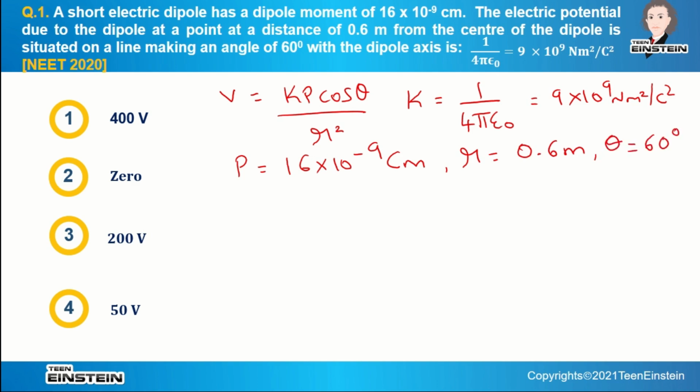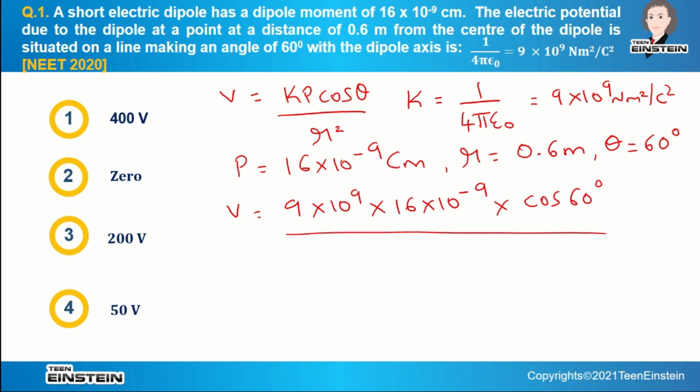Now we substitute it in the formula. V equals K, which is 9 into 10 power 9, into p, which is 16 into 10 power minus 9, and cos 60 degrees, divided by 0.6 the whole square.